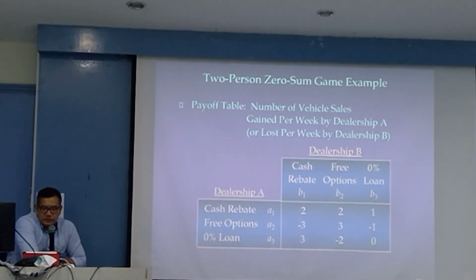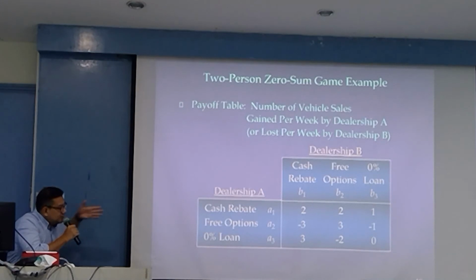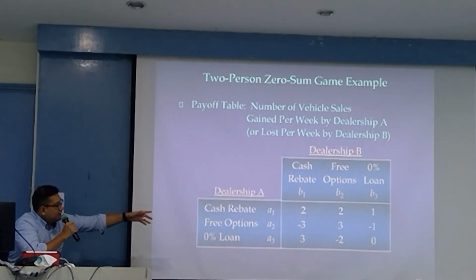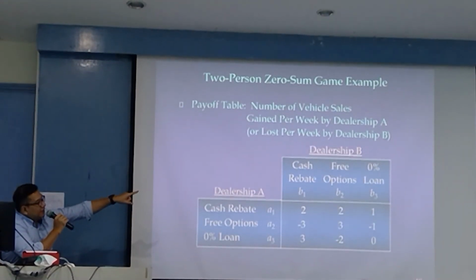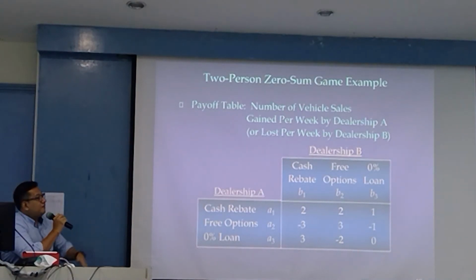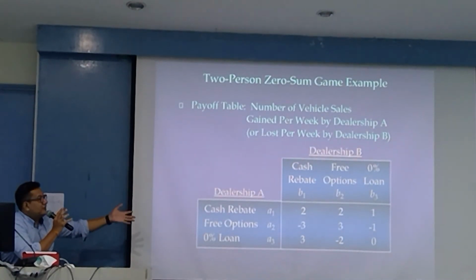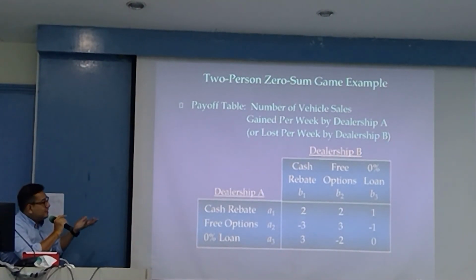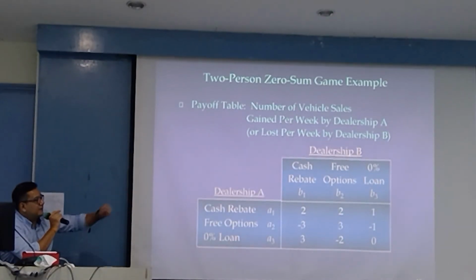And this table shows you the payoff table. Let's say that this side, going horizontally, belongs to dealership A, and the other, vertical, belongs to dealership B. Don't forget these two dealerships are competing in the same market. If one wins, the other loses. We have the same three strategies: cash rebate, free optional equipment, and 0% loan, for both of them.